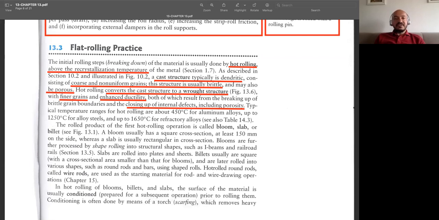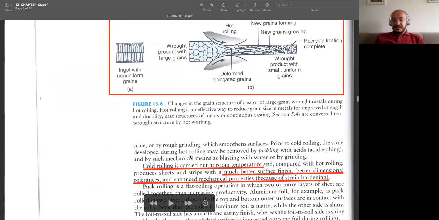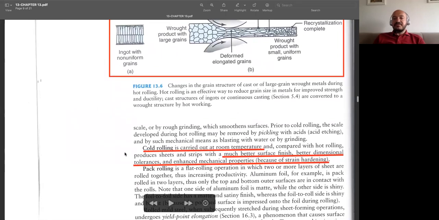We have less porosity in the rolled structures. Furthermore, we can do cold rolling, and as you know, this is done at room temperature. The advantage is that the surface quality of the material is highly increased, and we have better dimensional tolerances and better strength.